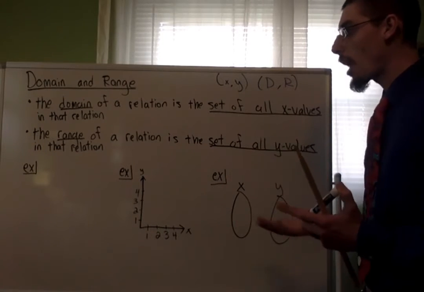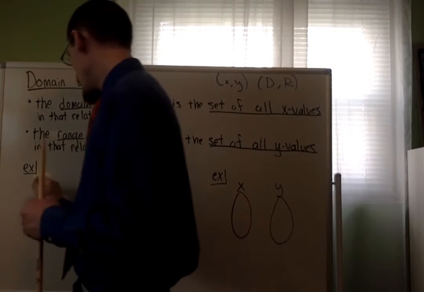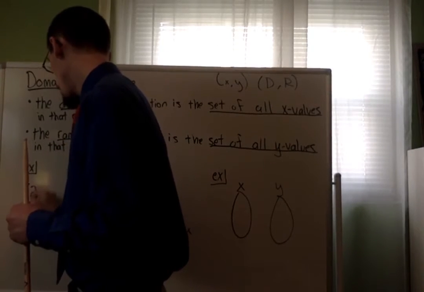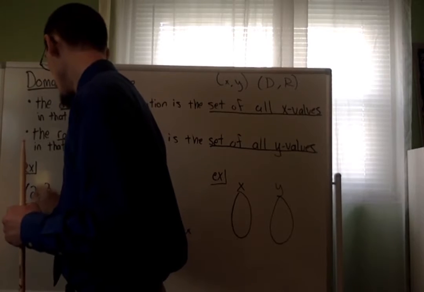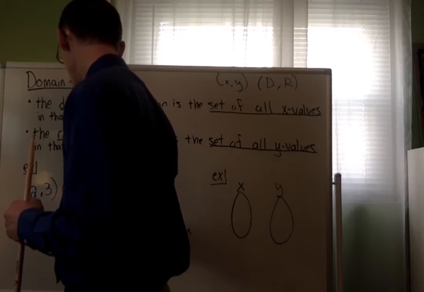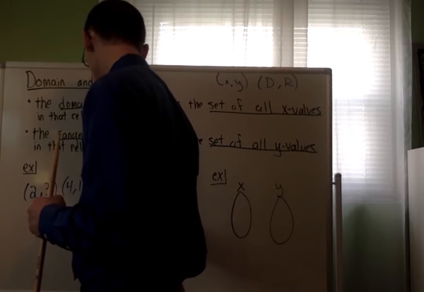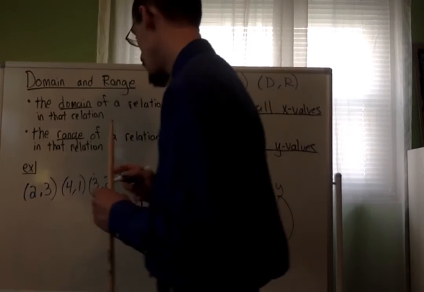So let's make a random relation. Let's say I had 2, 3, and 4, 1, and 3, 2.